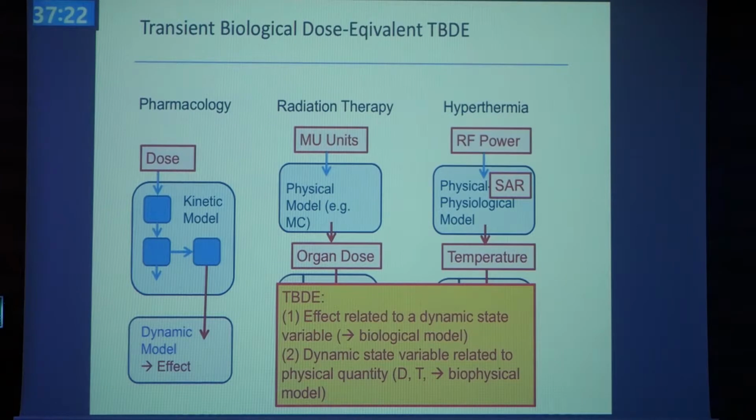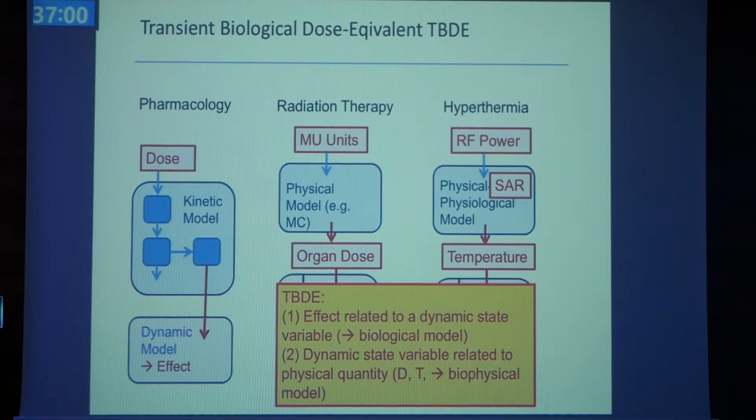The idea of the transient biological dose equivalent now is that we try to cover the biological effect by a dynamic state variable first. This is the transient biological dose equivalent, and this dynamic state variable should be related to the physical primary quantities like dose and temperature.